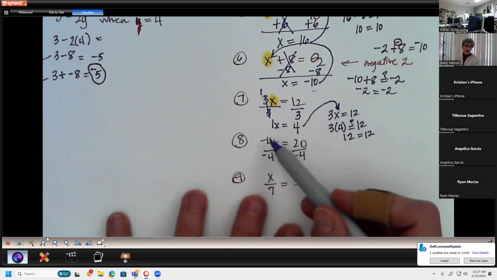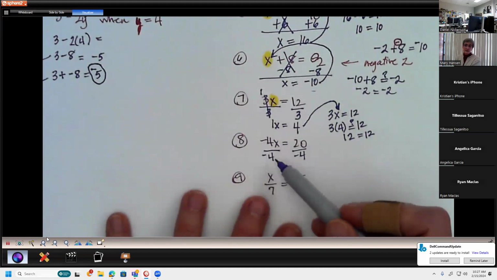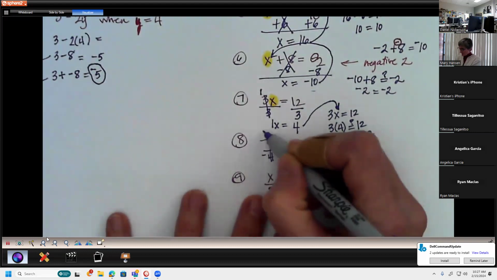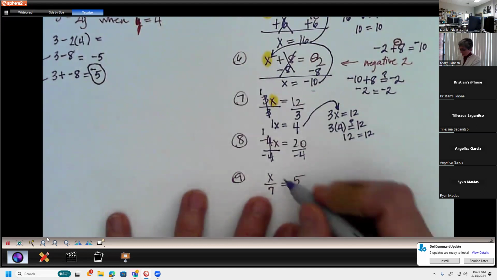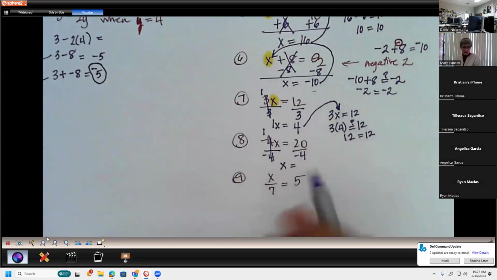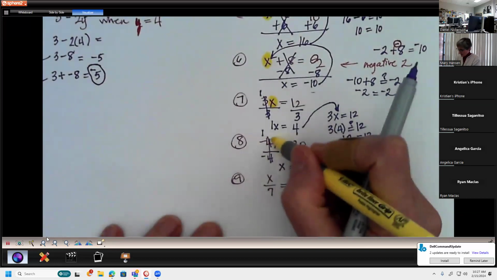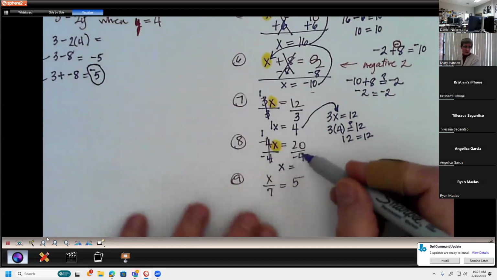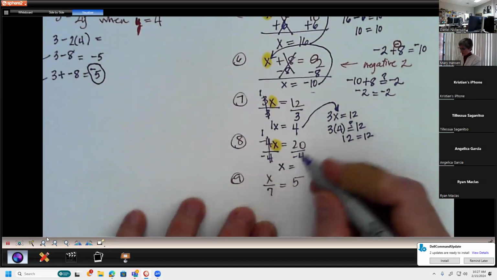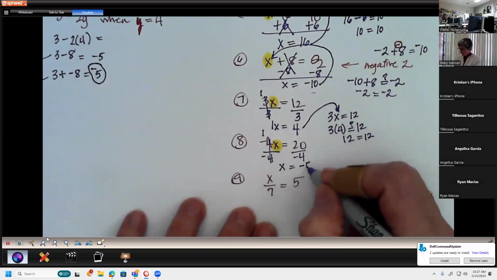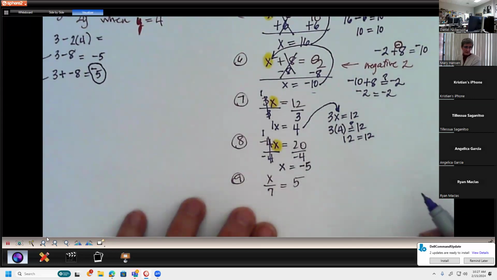And the reason is a negative divided by a negative is a positive because the signs are the same. -4 divided by -4 is 1, which leaves me with 1x or just x. Again, that's the same. And so x is equal to whatever 20 divided by -4 is. Signs are different. The answer is negative, and 20 divided by 4 is 5.